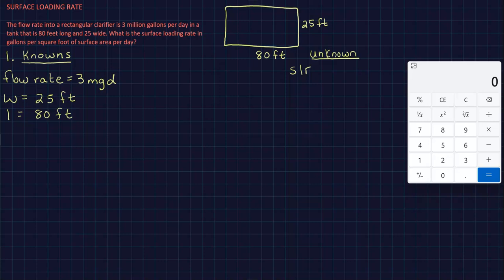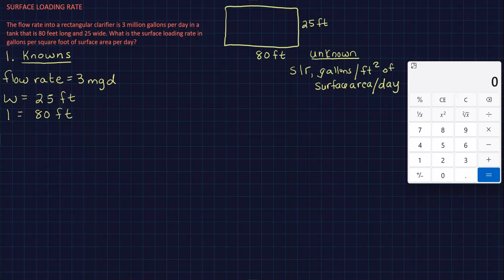We're looking for surface loading rate in what units? Gallons per square foot of surface area per day.